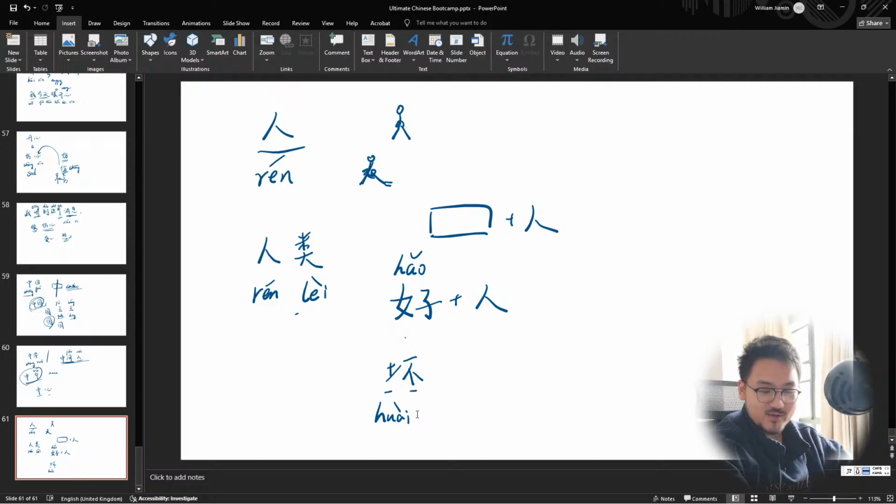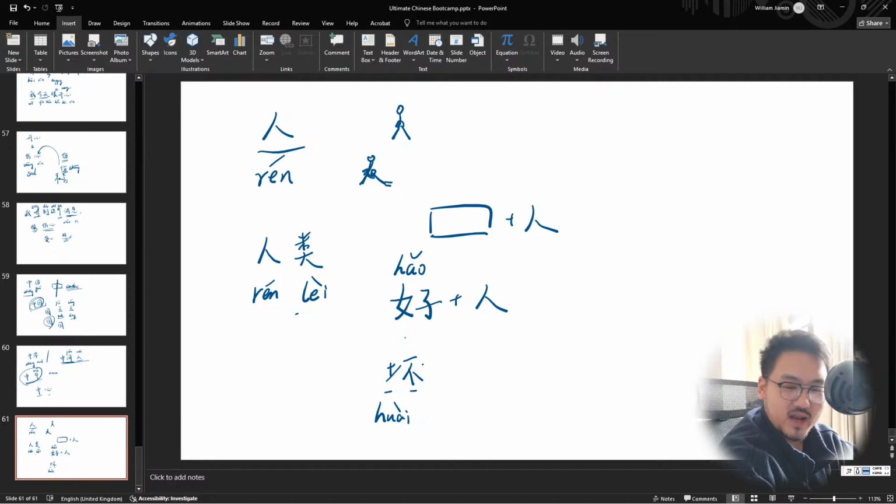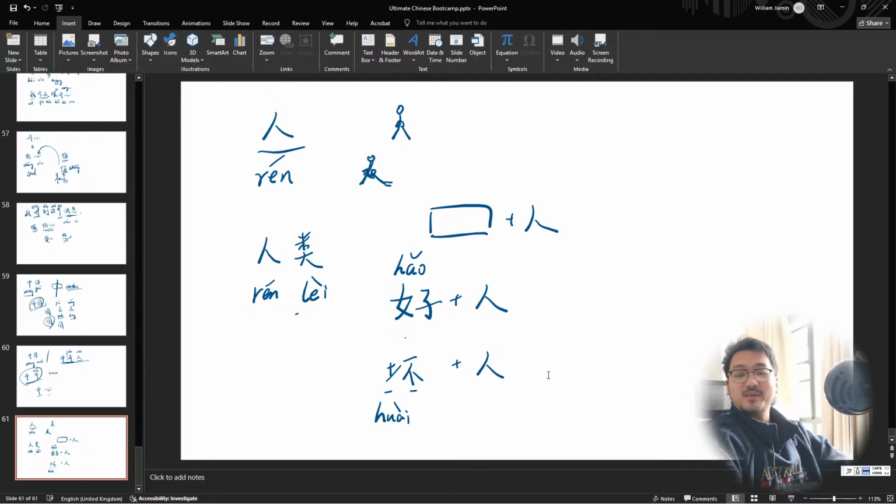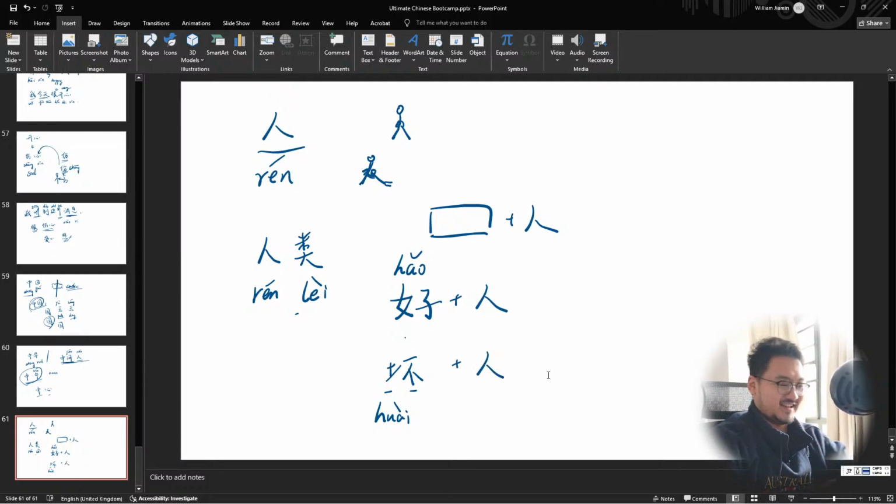I don't know, but this is just a story to help you remember this character. Say no to the ground, say no to the dirt, that's the bad person. 坏 plus 人, 坏人, means bad person. 这个人是好人, 这个人是坏人, 好人也可能是坏人, 坏人也可能是好人. The good person can be a bad person, and the bad person can be a good person. A good person has bad deeds, and a bad person has good deeds. So this world is not just black and white, it's pretty gray.